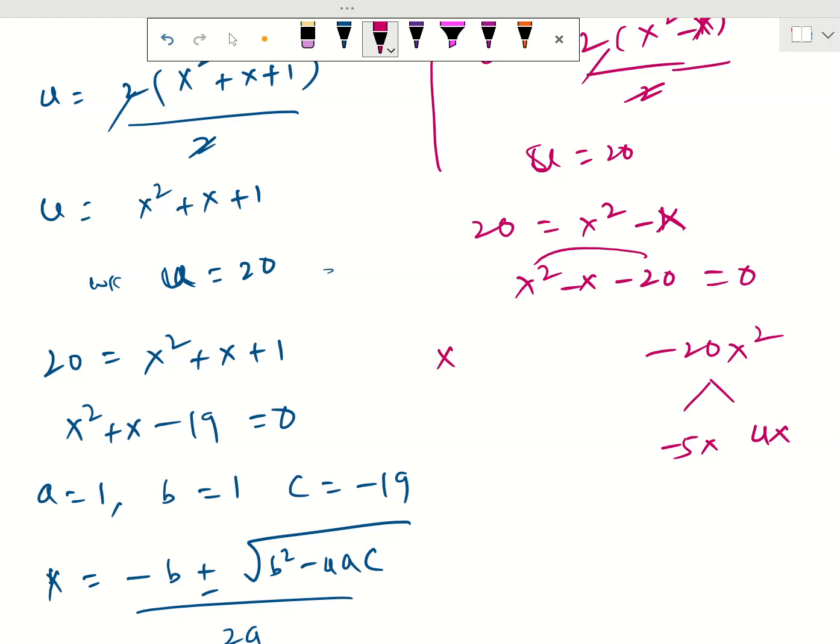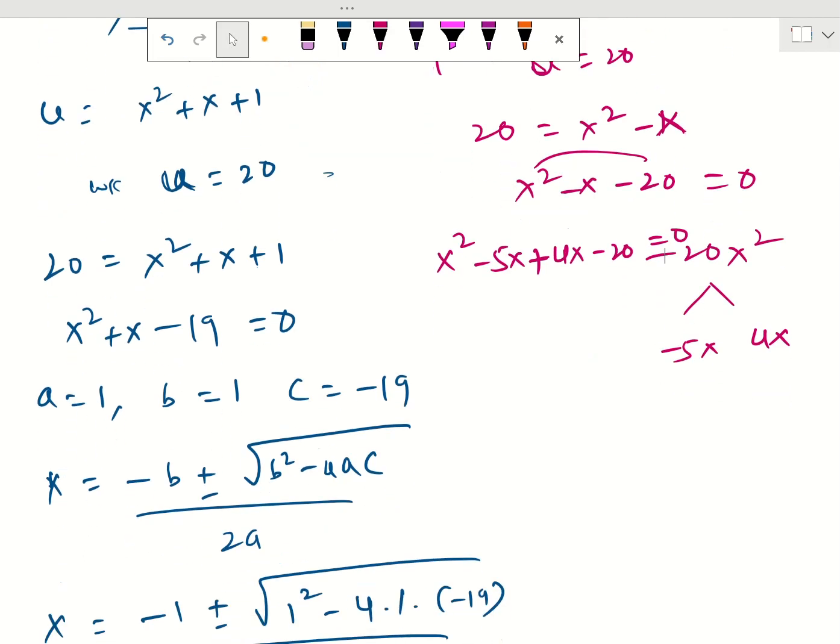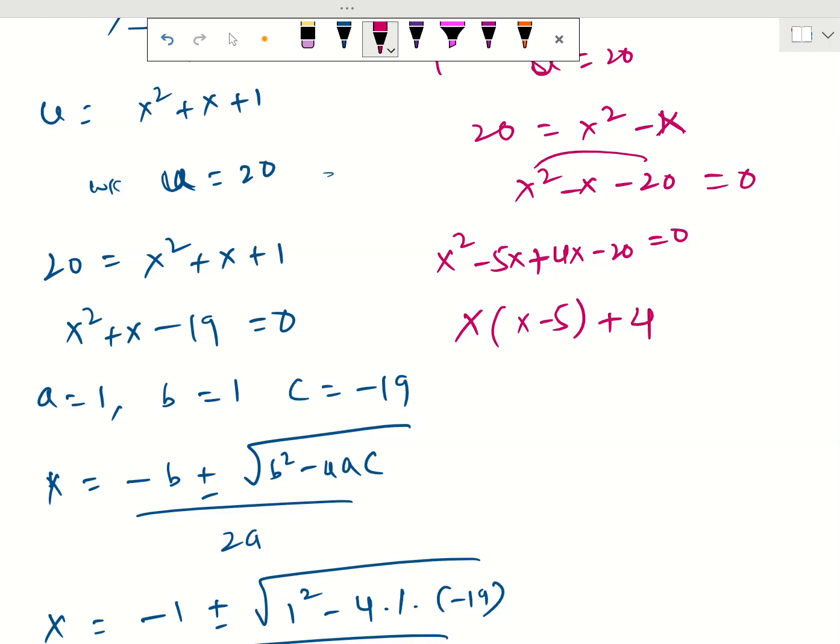Then we can write this equation as x square minus 5x plus 4x minus 20 is equal to 0. Now, if I take x as common, it will be x minus 5, and in the second term I am taking 4 as common, then it will be x minus 5, 4 5s are 20, is equal to 0.